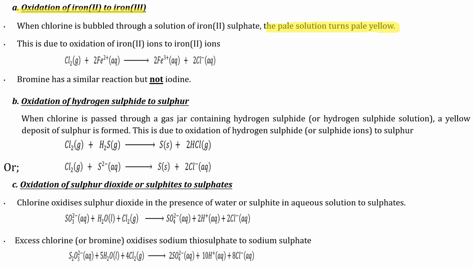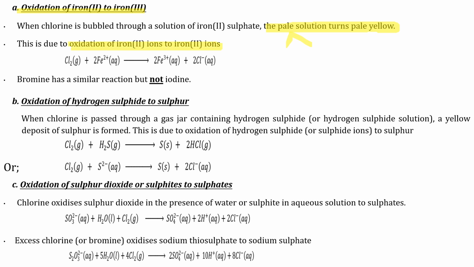So the pale green solution. Iron 2 ions are always green. So the pale green solution always turns yellow, or pale yellow. And that yellow is due to the formation of iron 3. The reason behind that is the oxidation of iron 2 ions to iron 3 ions.